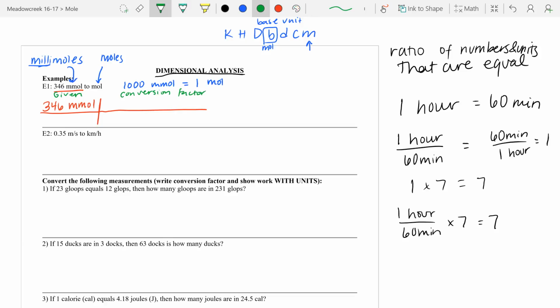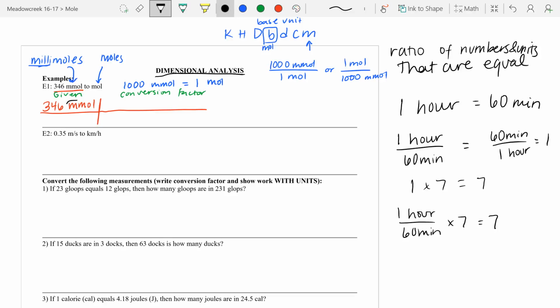Now, we determined our equality earlier, 1,000 millimoles is equal to 1 mole, and that can be written as either 1,000 millimoles over 1 mole, or 1 mole over 1,000 millimoles. They're both equivalent except their units are in different places. So we need to decide what would be the best thing for this particular problem.